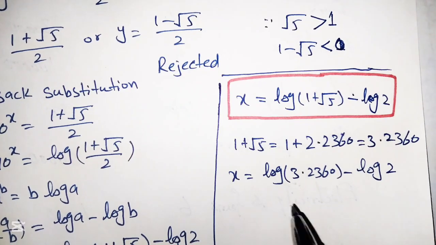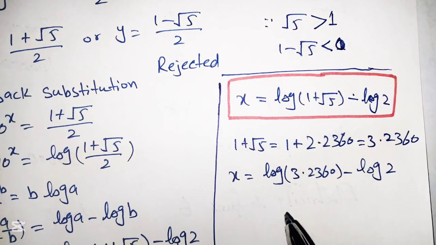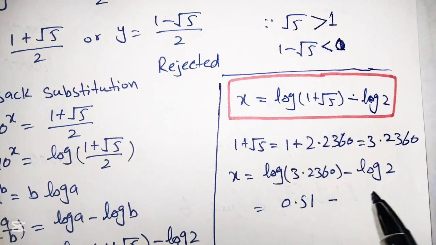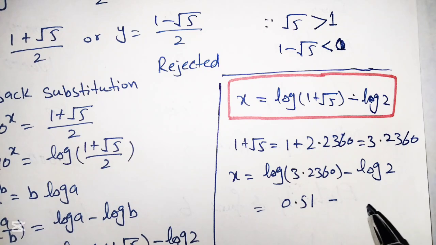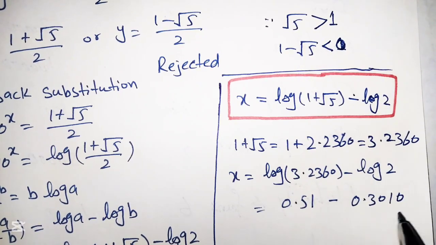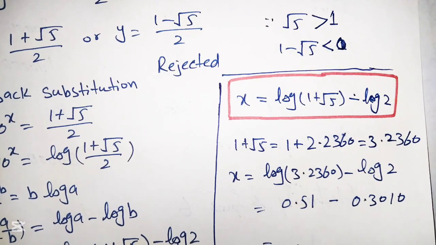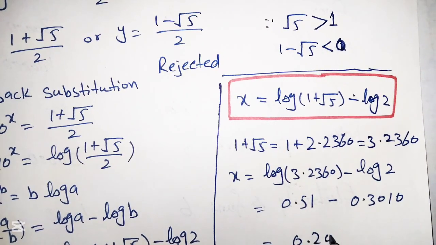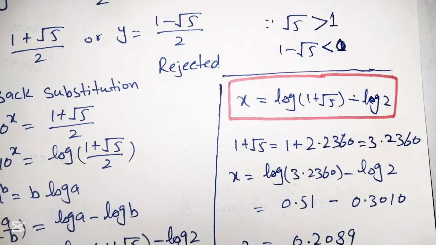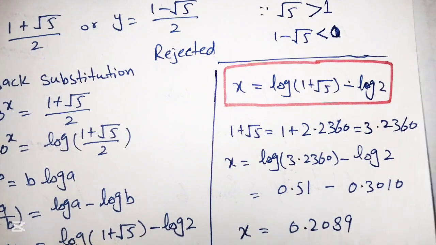The value of log 3.2360 is 0.51, so it is 0.51 minus log of 2, which is 0.3010. Subtracting, we get x is equal to 0.2089.